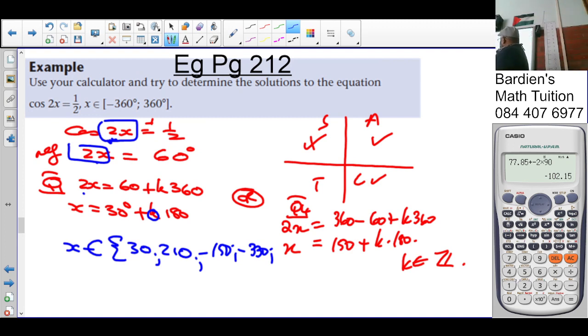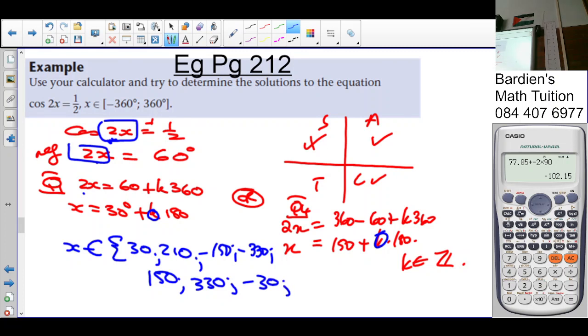Then you put 0 in there. 0 gives us 150. Then we put 1 in. That's 330. Put 2 in will be outside. Put negative 1 in. Negative 30.